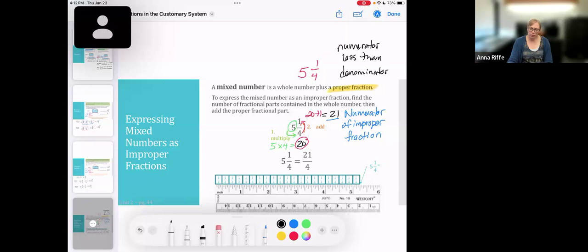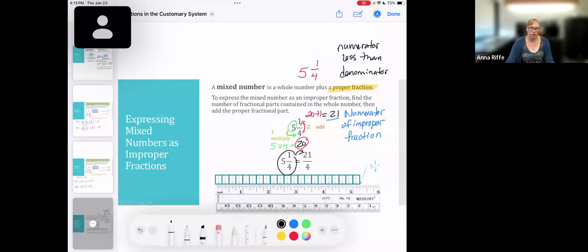Or put another way, 5 and 1/4, we could rewrite as an improper fraction as 21/4. Again, those two mean the same thing, but they are written in two different forms. Sometimes the improper fraction form is preferred. Sometimes the mixed number form is preferred. It just depends on the context.